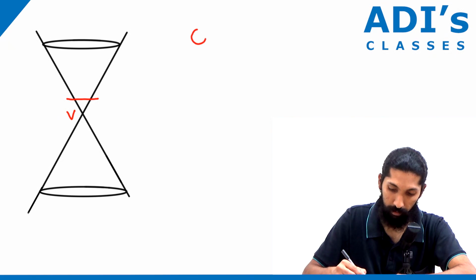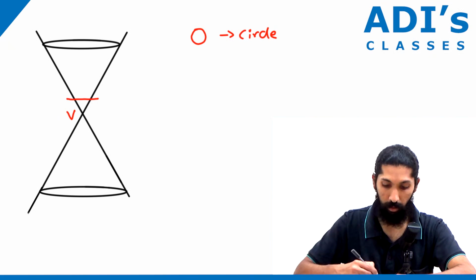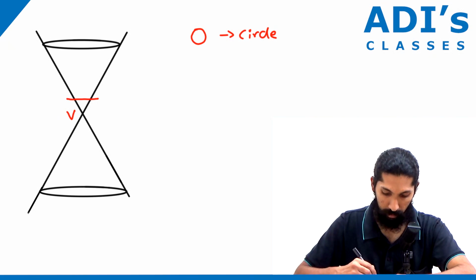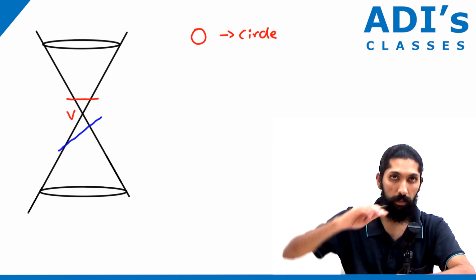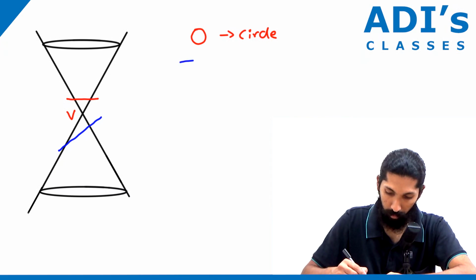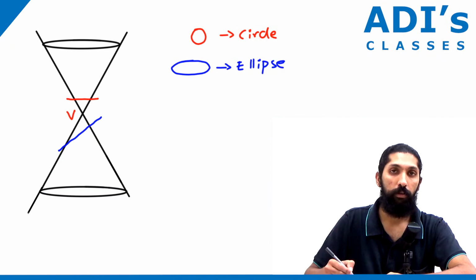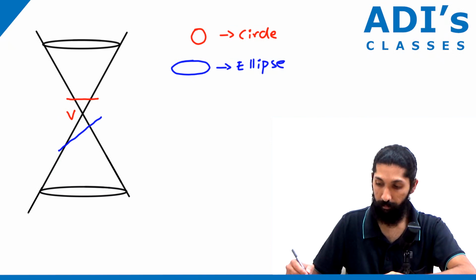What you are going to get is a circle. This is one. Next, assume that you are going to cut it in an oblique way, something like this. What you're going to get is something like this, what we call an ellipse, an oval shaped figure.